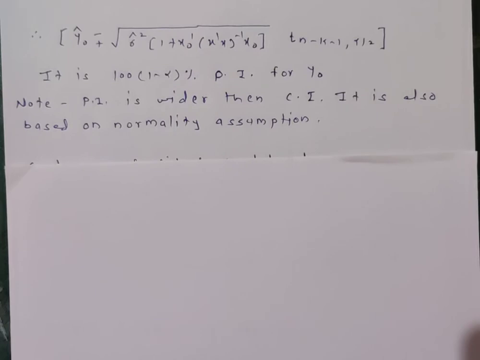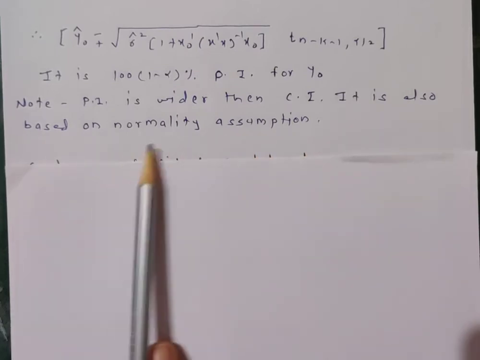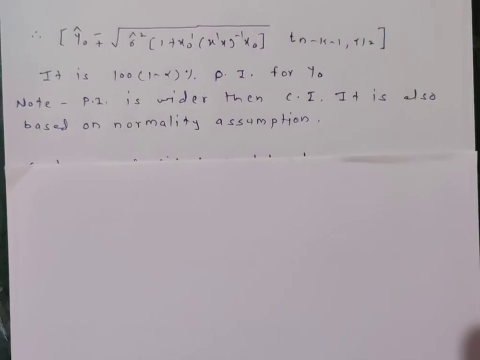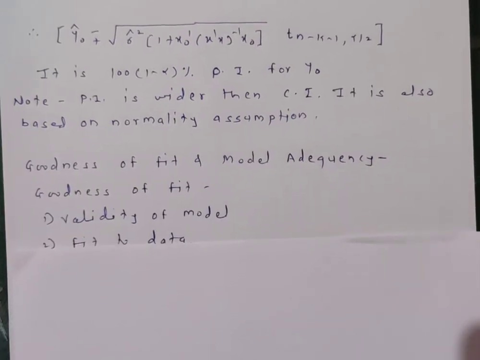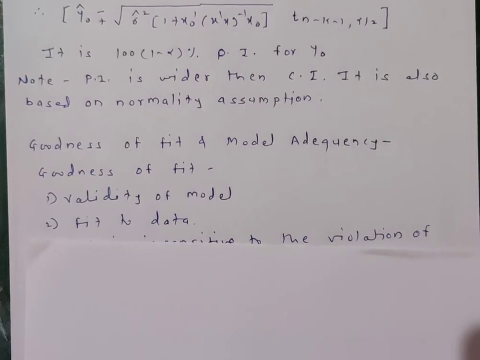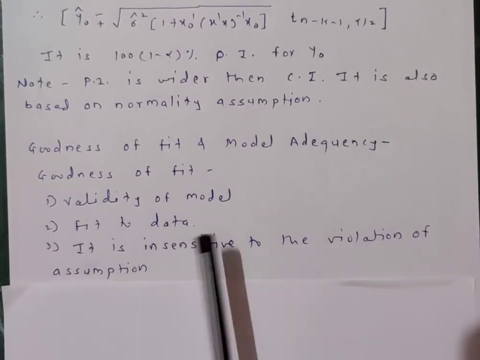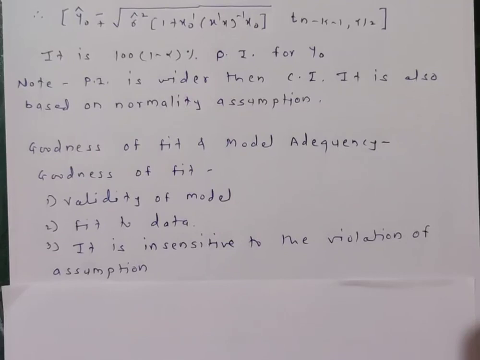Here the prediction interval is wider than the confidence interval. It is also based on the normality assumption. Since we consider our observations to be normally distributed, this prediction interval exists. Now, goodness of fit and model adequacy. In goodness of fit we check the validity of the model, that is, whether the model we consider is normally distributed or not.